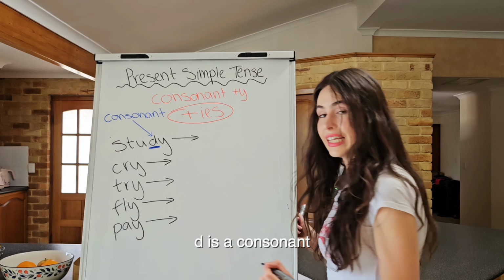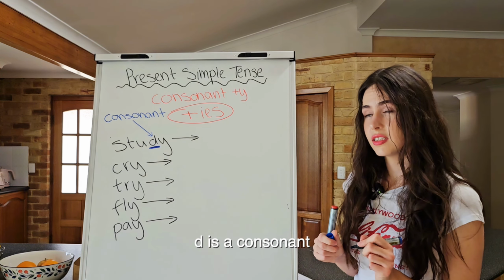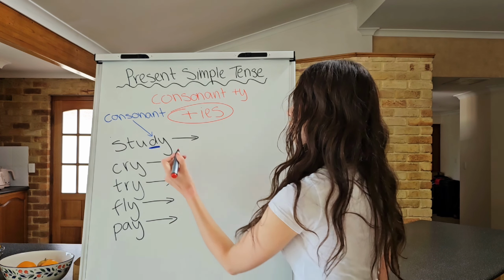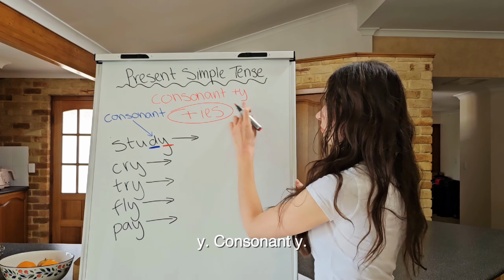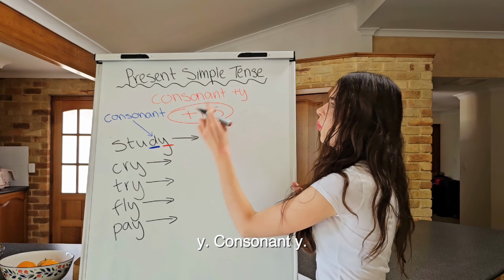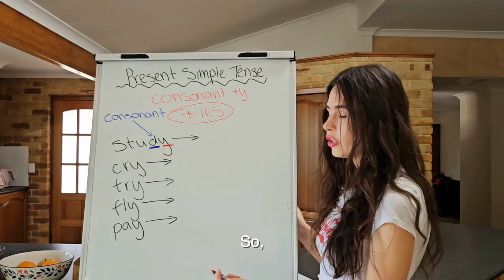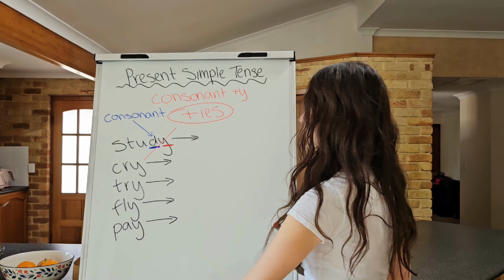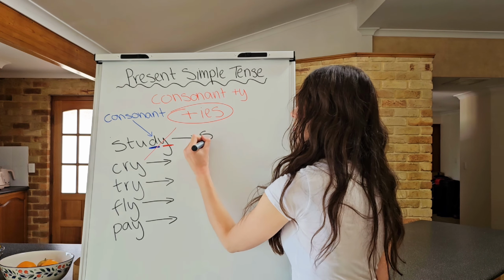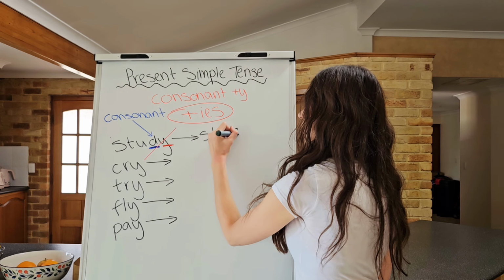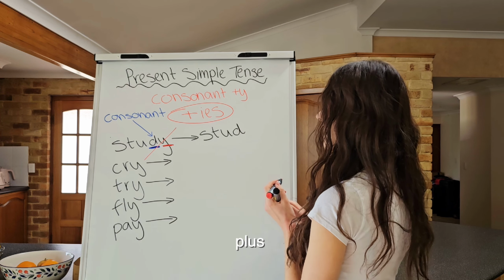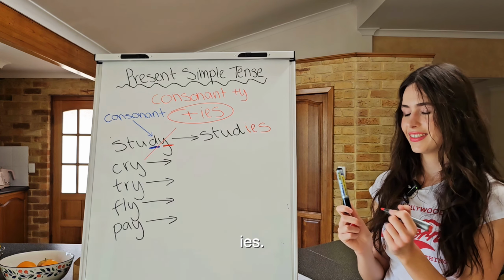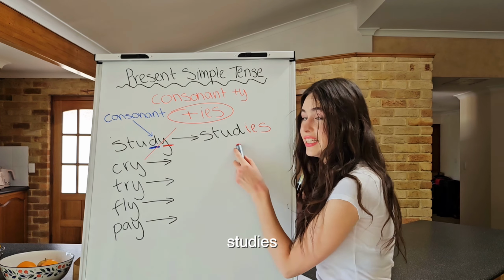D is a consonant and Y. Consonant Y. So, remove Y. Plus I, E, S. Studies.